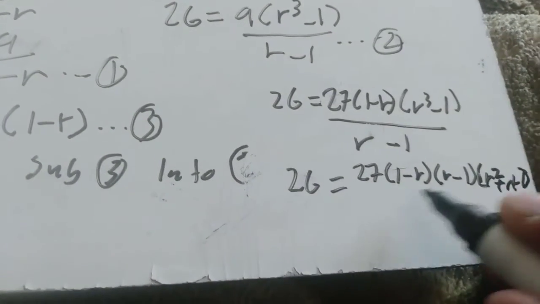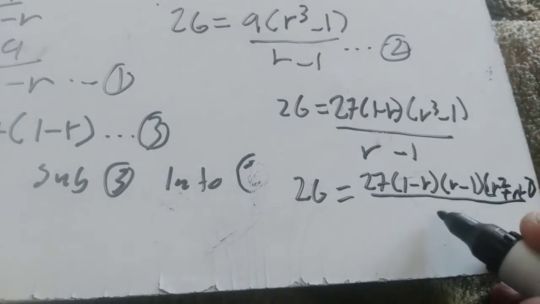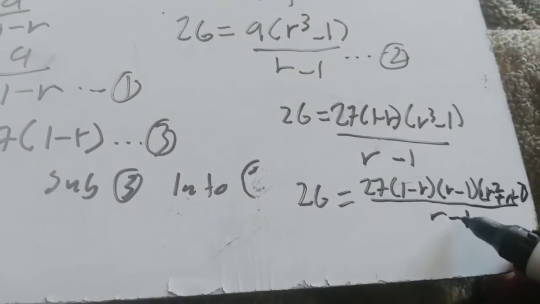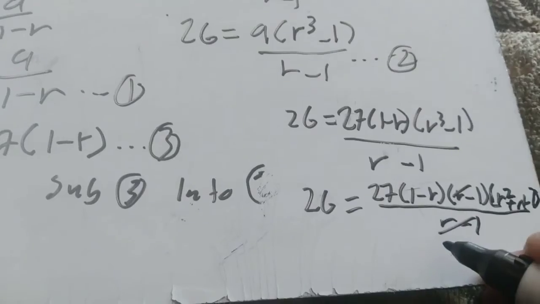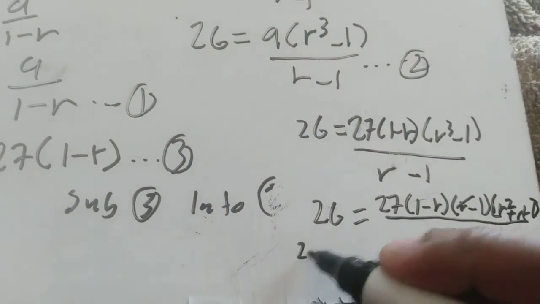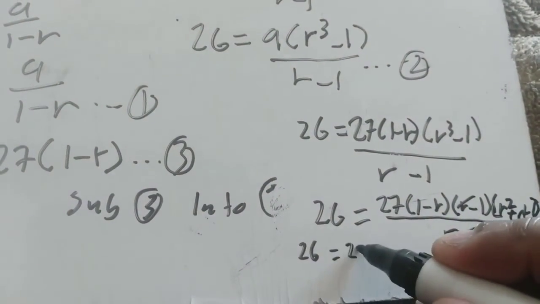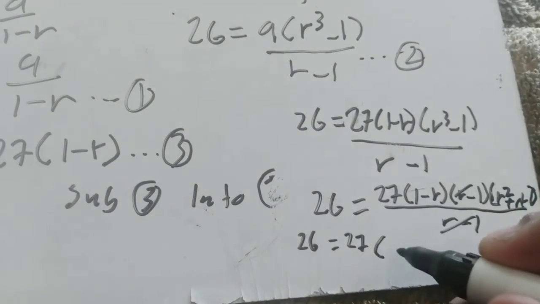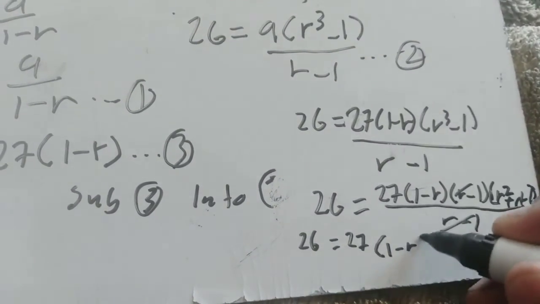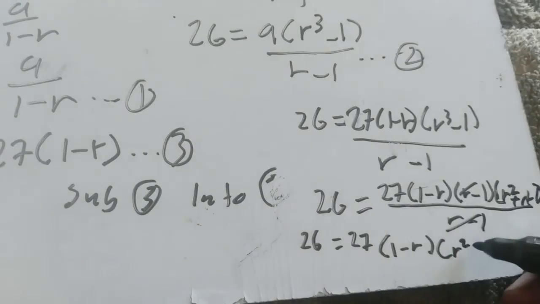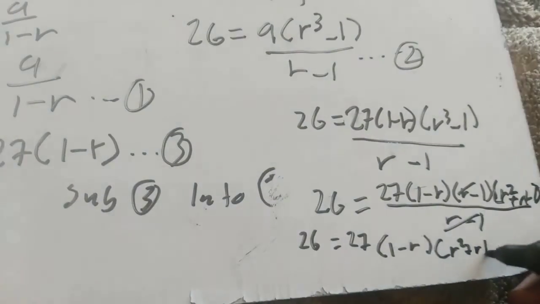I hope you don't mind my handwriting just due to space. And you see, these two can cancel. Then we'll be left with 26 is equal to 27 into 1 minus r, then here we have r squared plus r plus 1.